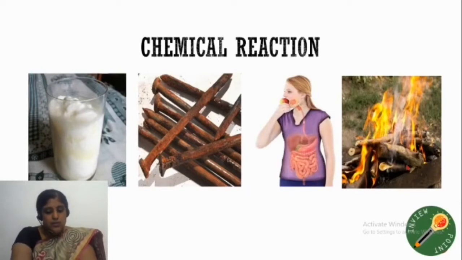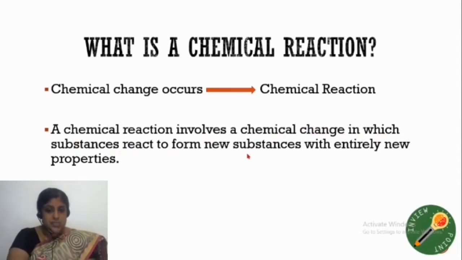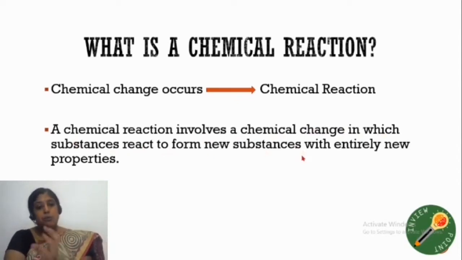So from these all, what do you understand? Whenever a chemical change occurs, a chemical reaction takes place. So what is a chemical reaction, students? A chemical reaction involves a chemical change, in which substances react to form new substances with entirely new properties.